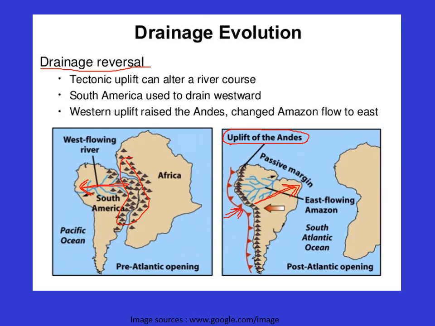After the separation of South America from South Africa, the Nazca plate subducting below the South American plate and the mountain range upliftment, the general slope of the South American landmass changes from west to east. Thereby, the drainage system of the South American landmass reverses. This process is known as drainage reversal.